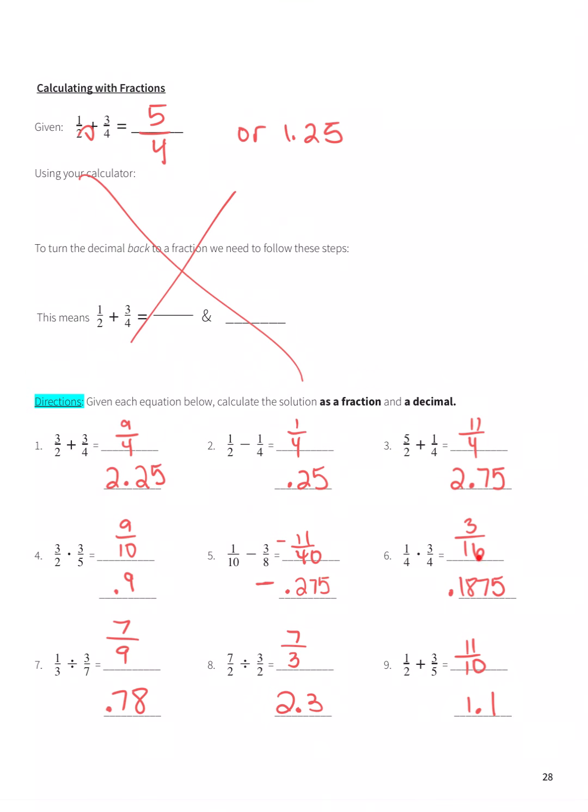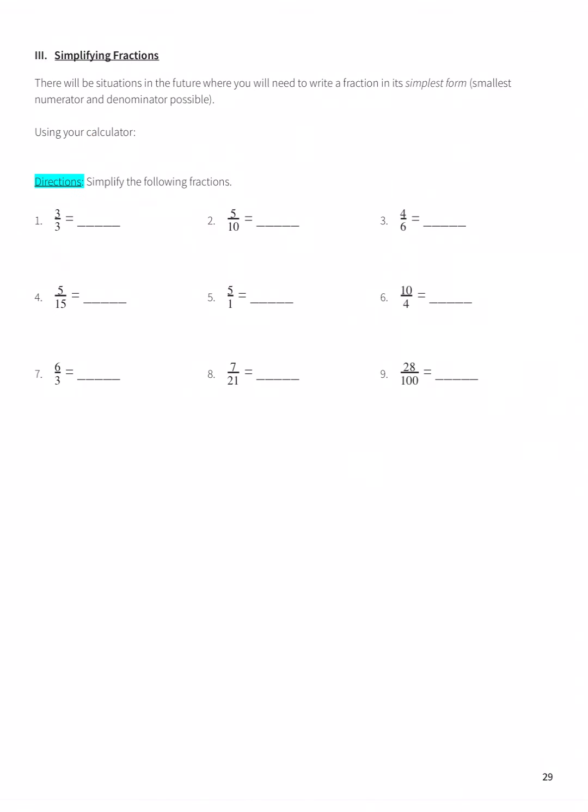We have 3/16 or 0.1875. 7/9 or 0.78. 7/3 or 2.3, and 11/10 or 1.1. Okay? All right, hopefully you were able to use your fraction plus calculator or the calculator that you have to answer these questions accurately.